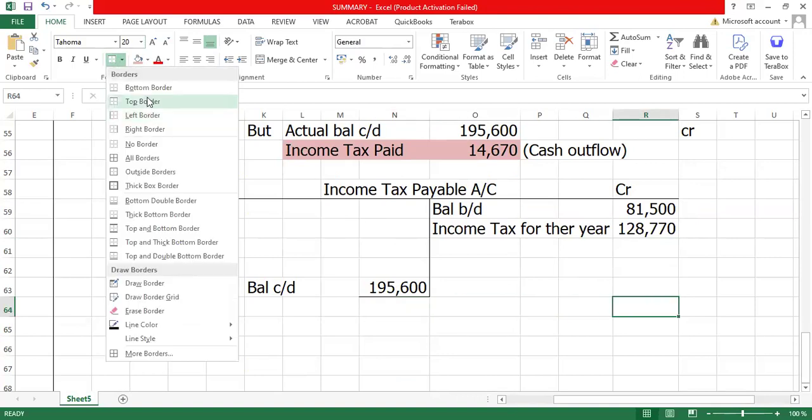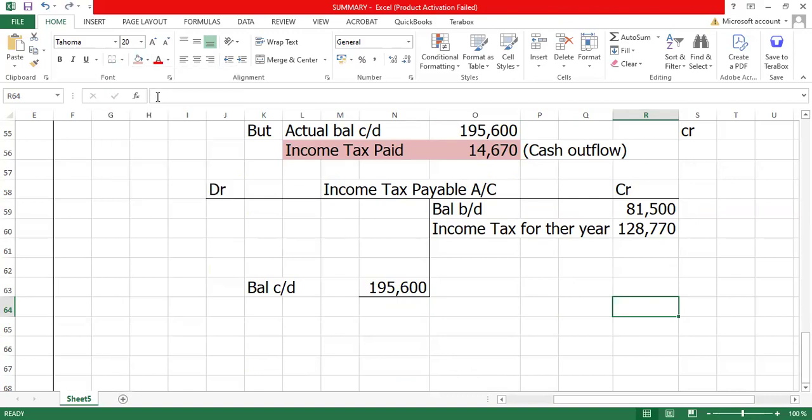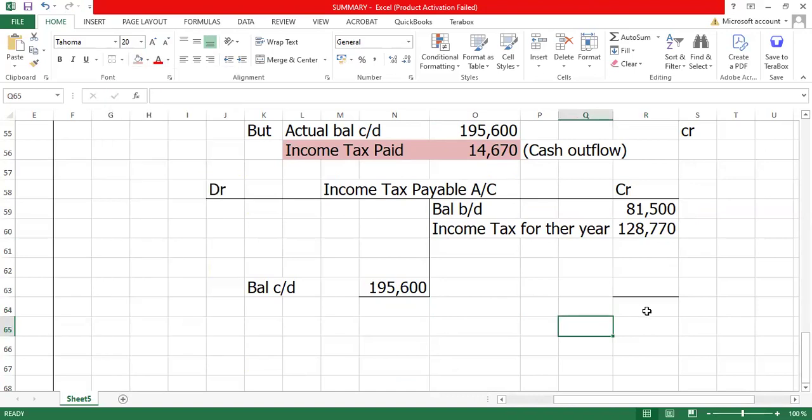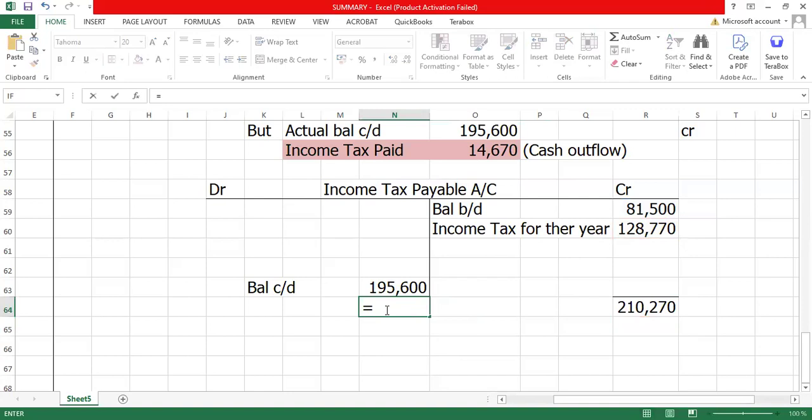Which side is higher? Credit side. So add the total. You get this plus this. Then, of course, it's what you put here.